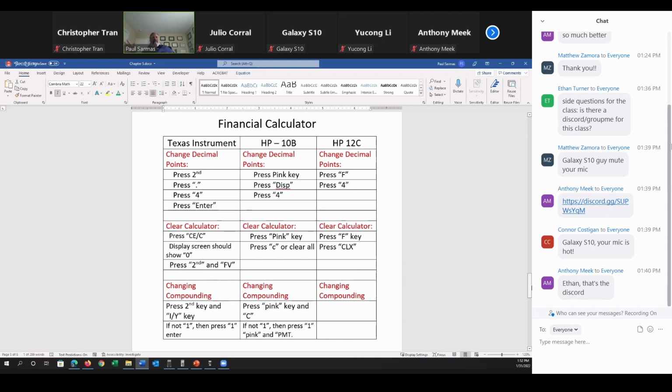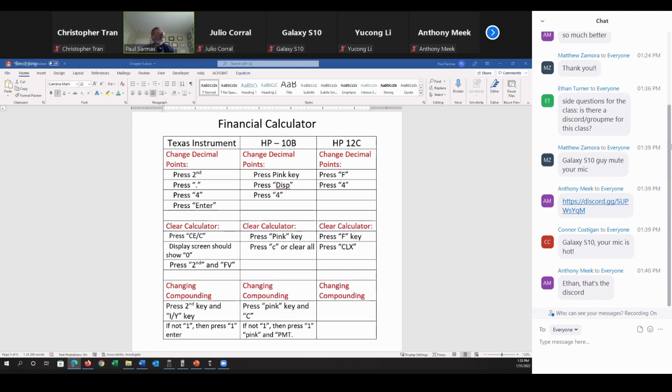If you go to Canvas, you go to files, and if you scroll down, you see use of financial calculator.